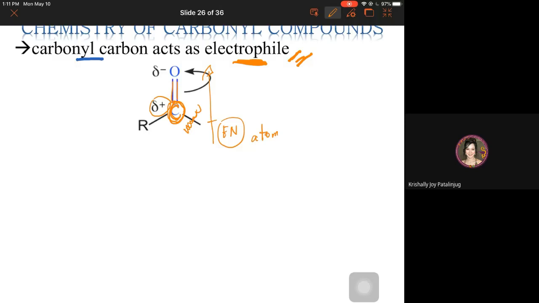That increases the electrophilic character of the carbonyl carbon, making it even more electron poor in that case. These are the electronegative atoms directly bonded to this part, talking about carbonyl compounds.